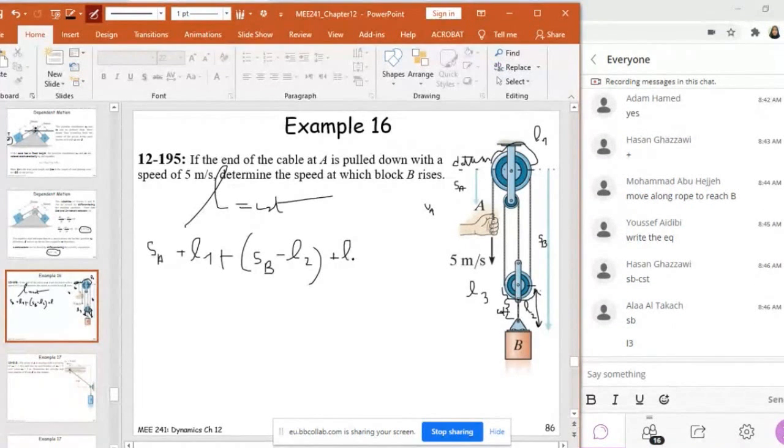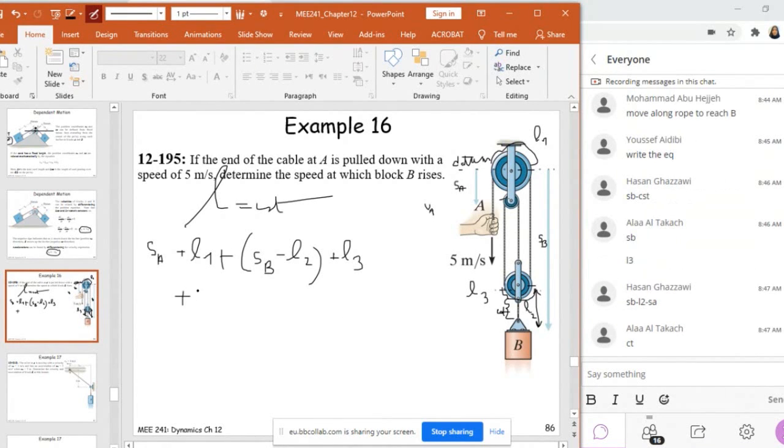All right, and then what about this length here from this point to this point? It's also SB minus a certain constant here that I'm going to call L4.